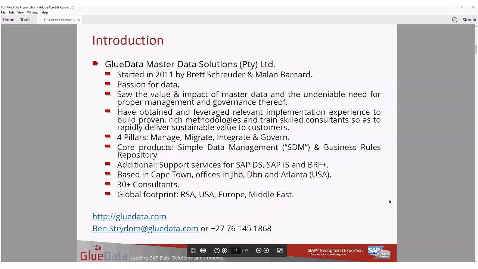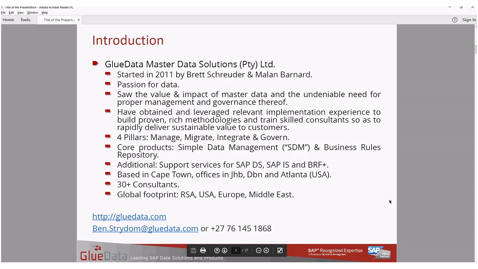Over the last years the company has obtained and leveraged lots of experience at different sites. We've built some methodologies, we've proved we can do what we say we can do, we have very skilled consultants, and we continue to grow in that area as well. We have a key focus on delivering sustainable value.